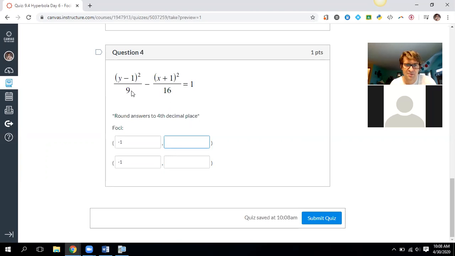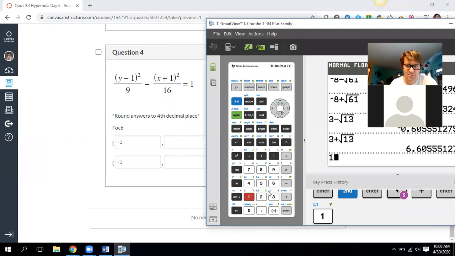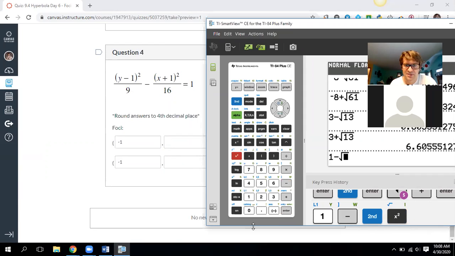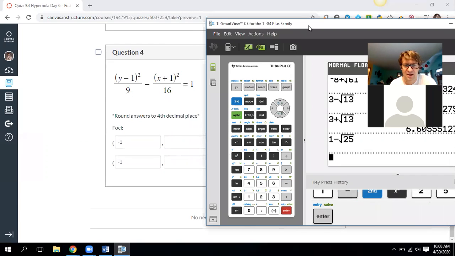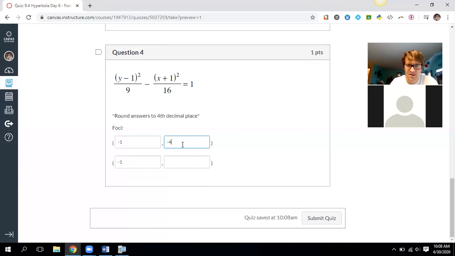This actually might come out nice. And I'm going to double check that. Okay. All right. So we got a +1 here. And we're going to subtract the square root of 9 plus 16 is 25. Yeah, that should come out real nice. That should be -4. I'm just going to type in -4. Hopefully we don't have to put in decimals.